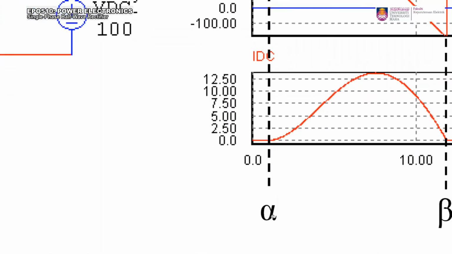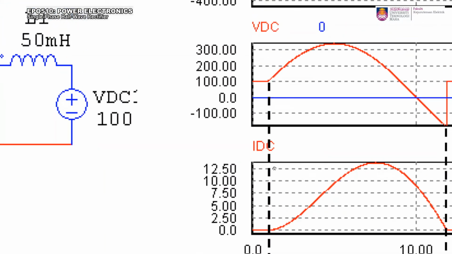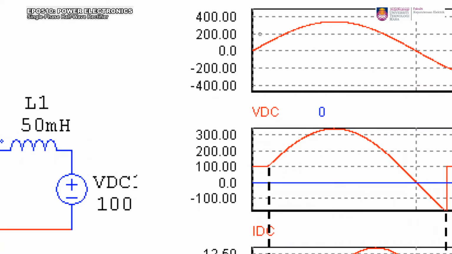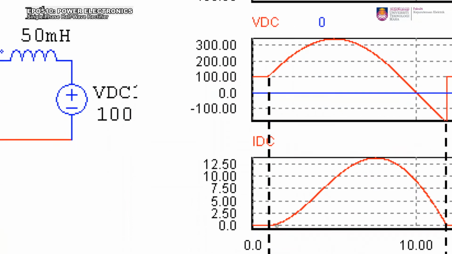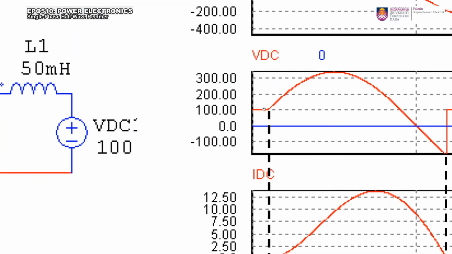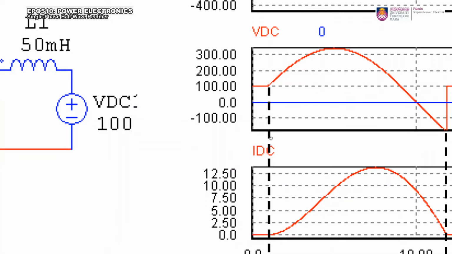Yes, this is alpha. Alpha is the point or the angle at the intersection between the supply voltage and the back EMF of 100 volt. So you can equate the supply voltage and the back EMF, which is 100 volt, then you can find alpha here, the angle where supply and back EMF intersect.